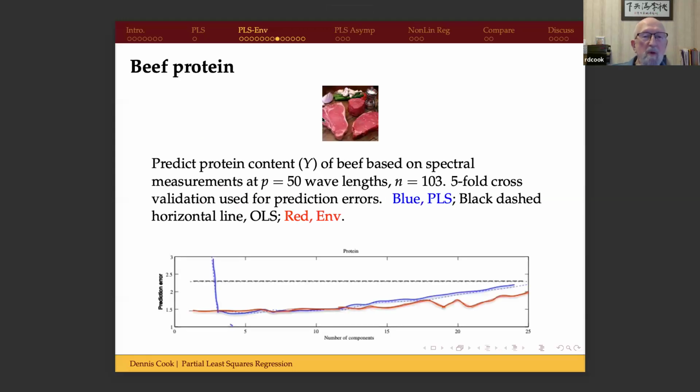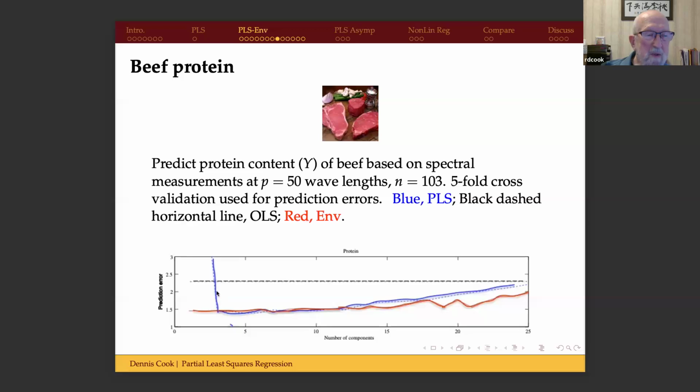So let's go back to the beef protein example, slow things down a little bit. The blue and the ordinary least squares line are the same as before. The red line, which is now new, is the envelope line. Envelopes actually do better than PLS at the lower number of components.